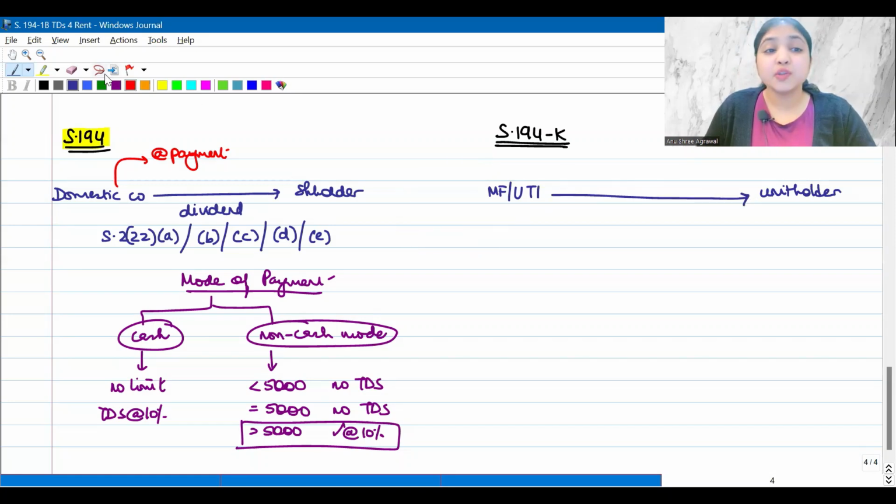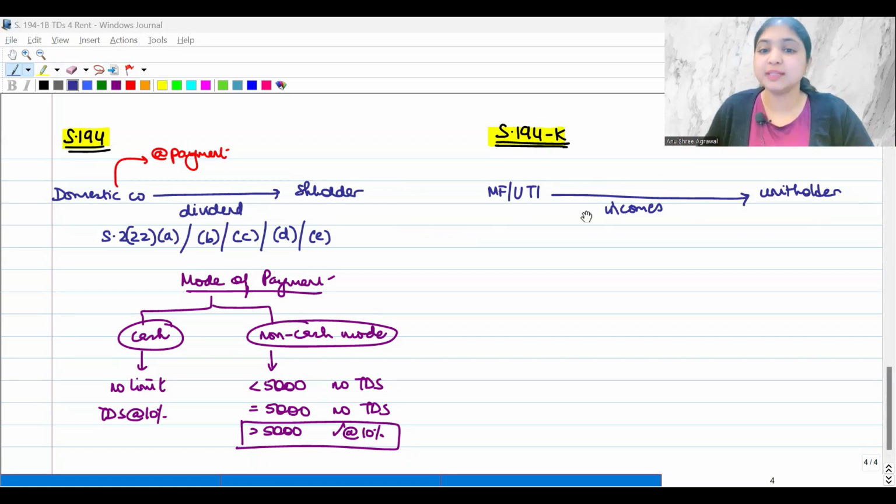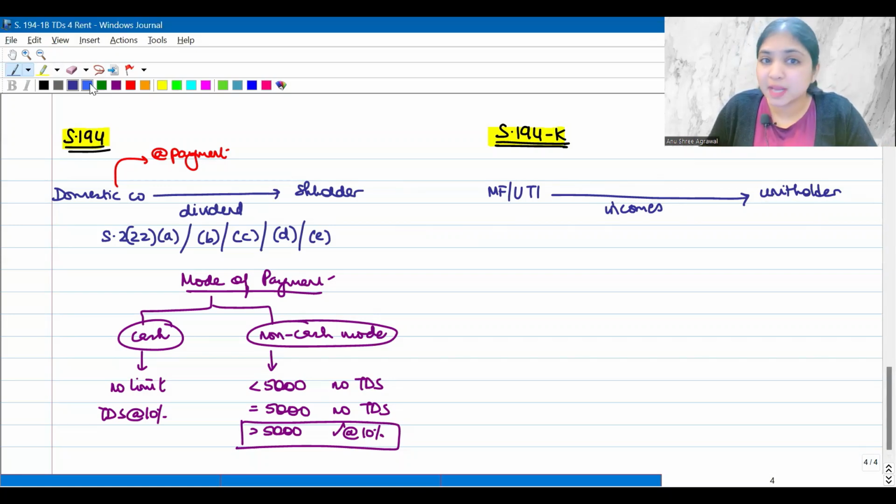So under section 194K, we are talking about the incomes which mutual fund or UTI passes on to its unit holders. Any income which mutual fund or UTI gives to its unit holders becomes an income for the unit holder. So for them, the source of the income is mutual fund or UTI.